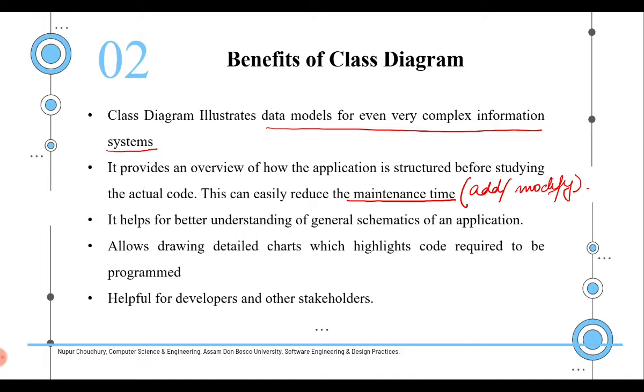It also helps for better understanding of the general schematics of the application, because if we know the general structure, it becomes easier to understand the schema of that structure.